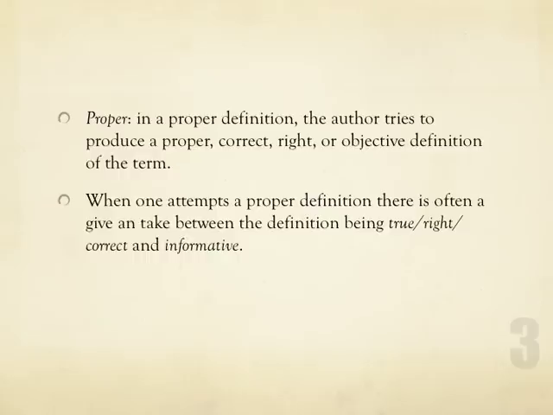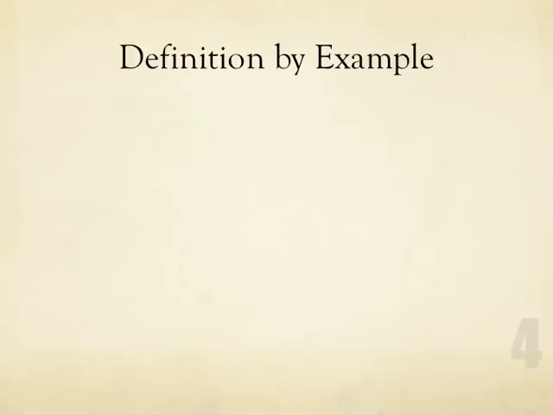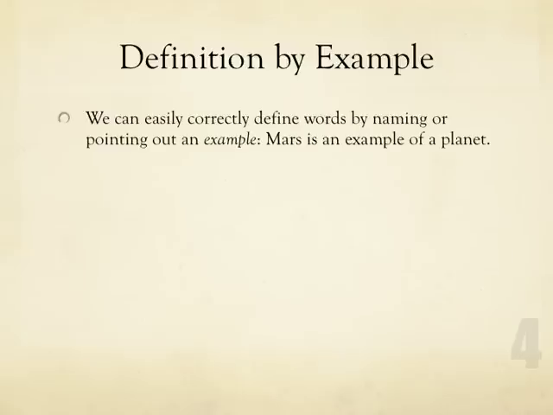Okay, so let's look at different kinds of definitions now. So the first one is definition by example. So this is one we should all be familiar with. So this is where you point something out or you just give an instance.